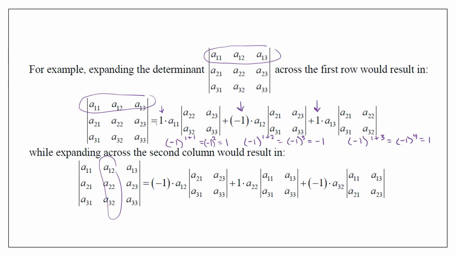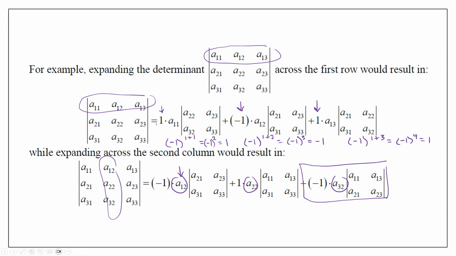I would encourage you to identify the row or column that contains the most zeros, because if your entry is a 0, then these values here would be 0, which eliminates this whole section, because anything times 0 is 0.